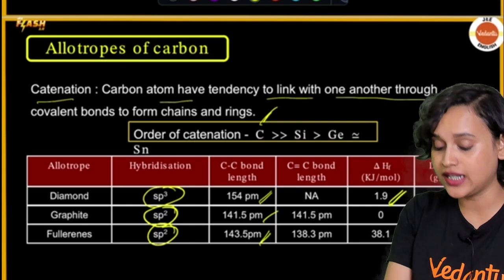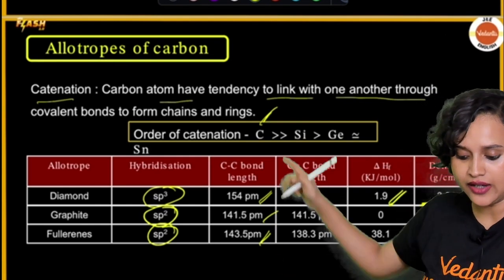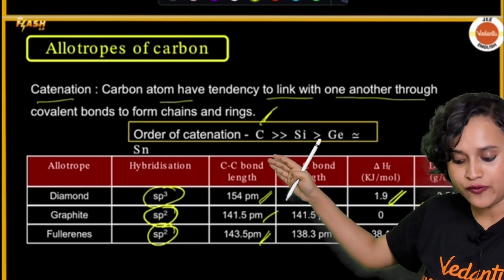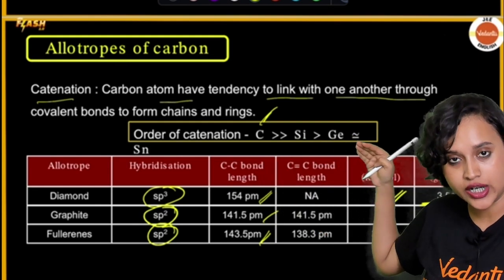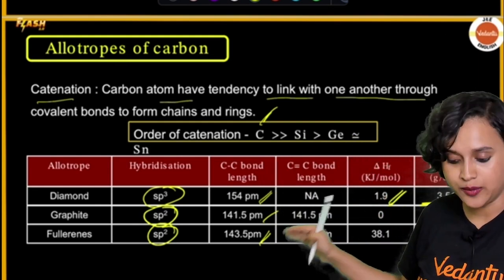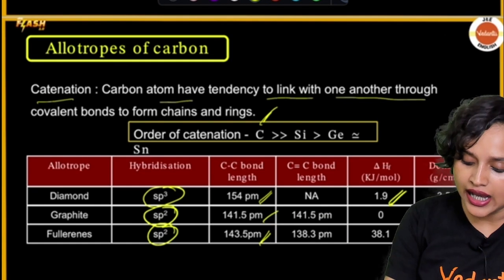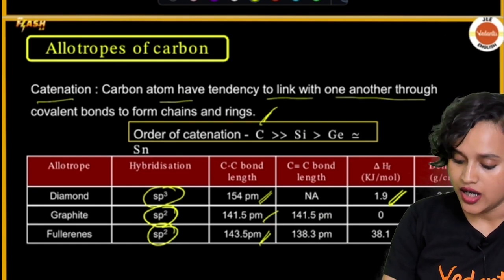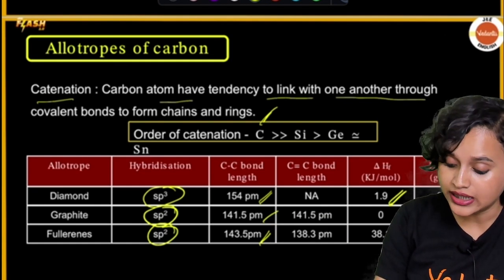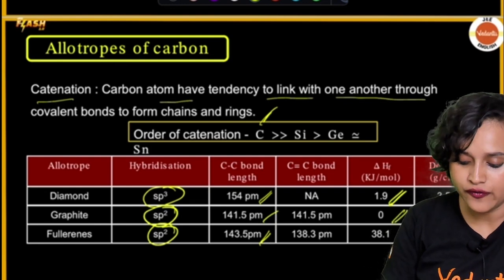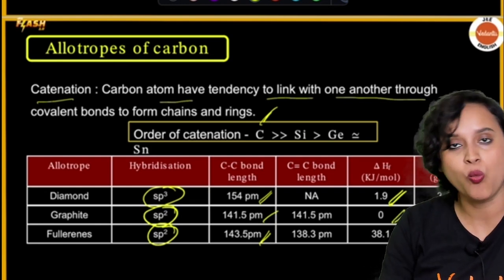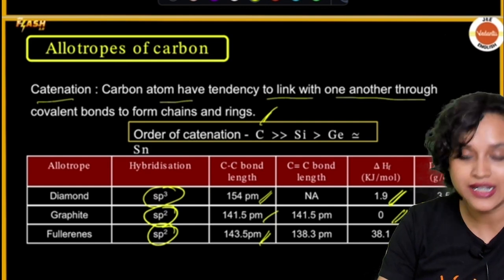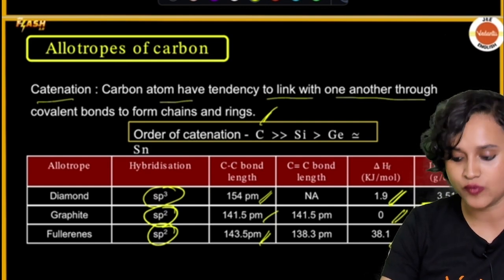The C=C bond lengths are also similar: for graphite it is 141.5 picometer, then for fullerene it is 138.3 picometer. Delta Hf for graphite is 0, and for fullerenes it is 38.1. Density for graphite is 2.22, and for fullerene it is 1.65.